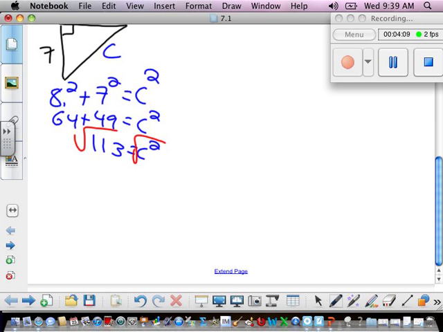Let's try 16. Okay. Let's try 9. Nope. All right, what else is there? 4. None of them go in there. You know what that means? To simplify, the square root of 113 is just the square root of 113. That's as simplified as it goes.